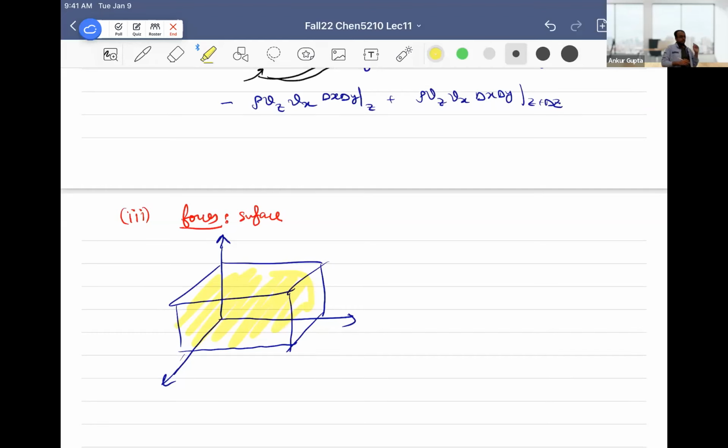Now, this is very important: when I think of forces on a surface, I think of the stress vector. Don't forget that. So when I'm thinking of surface forces, I'm thinking of the stress vector. But in this problem, I'm focusing on the stress vector in the x direction, because we are only focusing on the x direction balance.